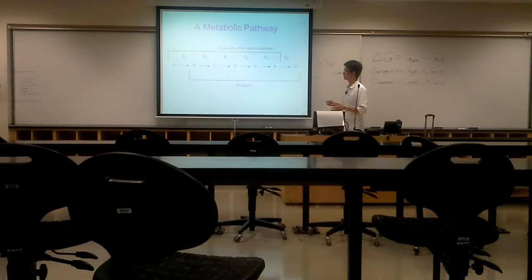The advantage of doing this is that each step we only need a little bit of the energy, a little bit of ATP. On the other hand, if you want to convert A directly into G, then what will happen? You will have to invest a lot of ATP to convert A into G. In this case, what will be the possible issue?